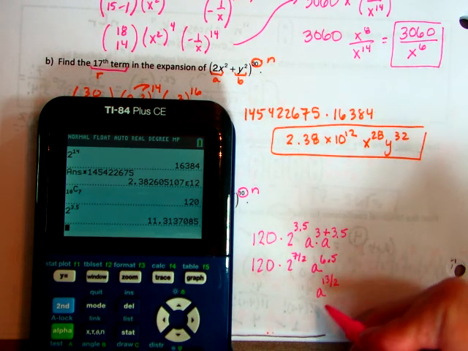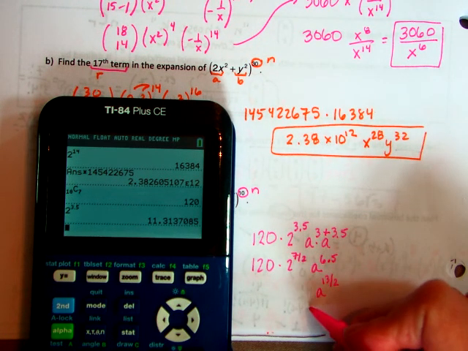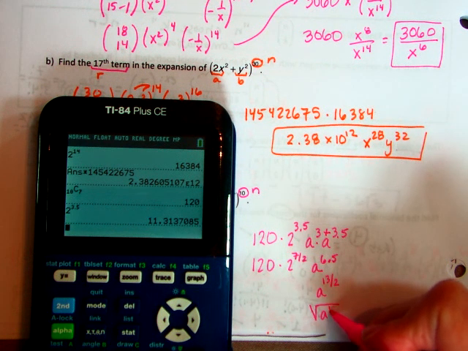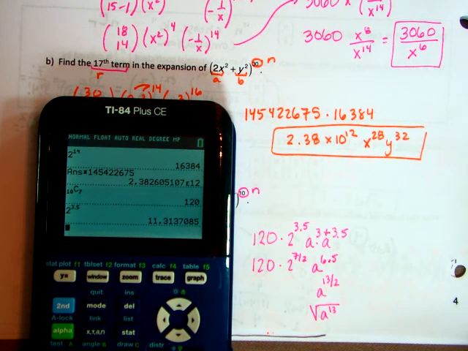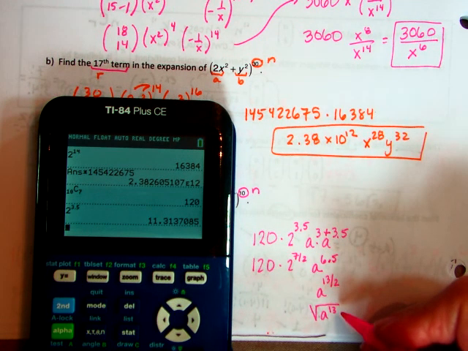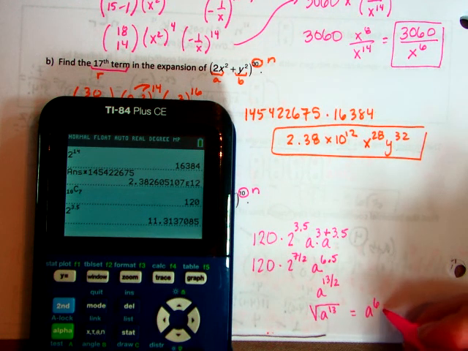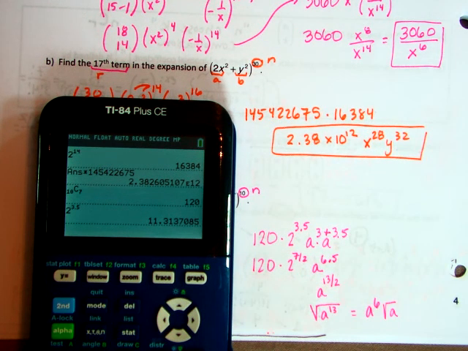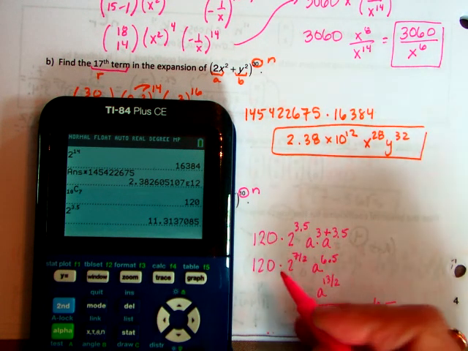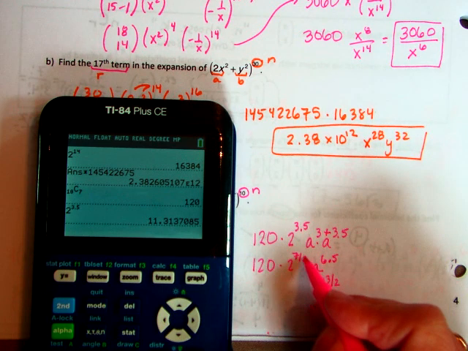And so that would be square root of a to the 13th. What would that be? A to the 6th, and then square root of a, if we simplified that even further. All right, so then here, 2 to the 7/2, same idea, would be square root of 2 to the 7th. So what would that be? 2 to the 3rd times root 2.